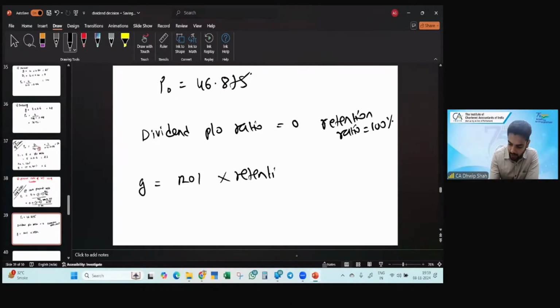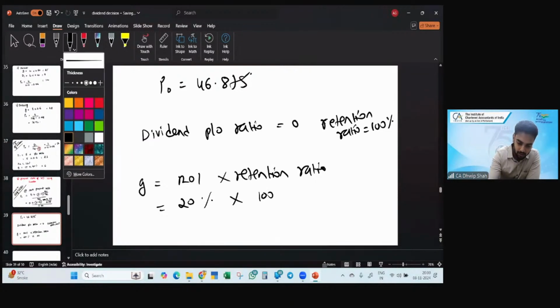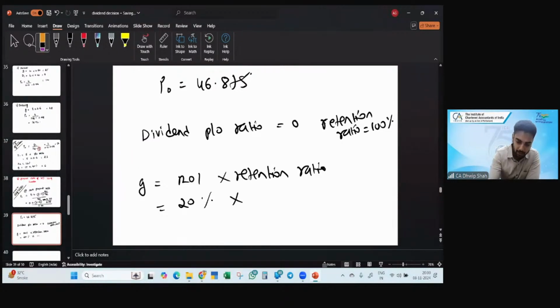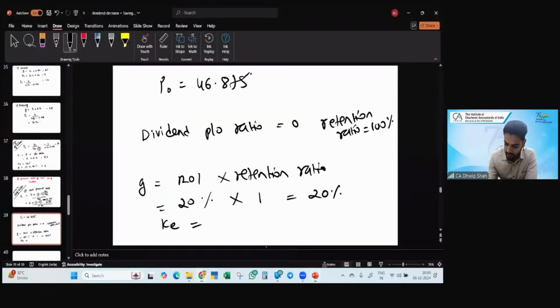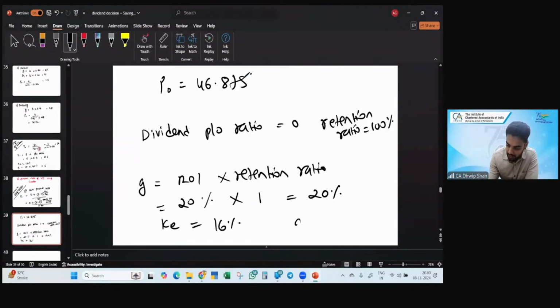Now see what my ROI is. It is 20% multiplied by 1, the entire 1, because everything is retained. So my G is 20%, yes or no? And my KE is how much? 16%. So can I say here KE is less than G? So we will not be able to solve.